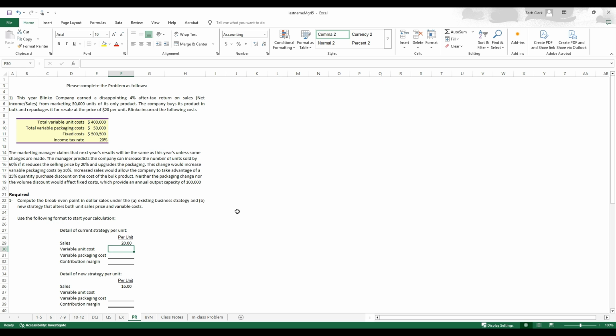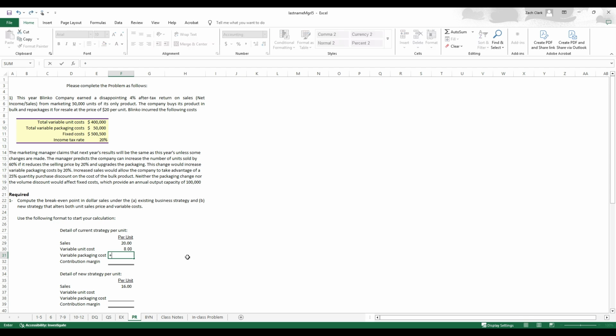And let's take a look at our variable unit cost. So that's our amount here. And we sold 50,000. So we've got $400,000 divided by 50,000 products. So that gives us $8 of variable unit cost.